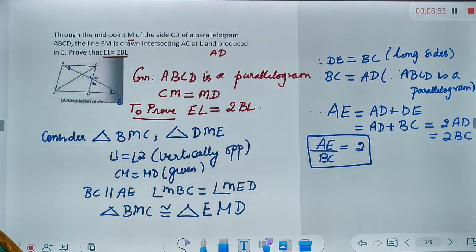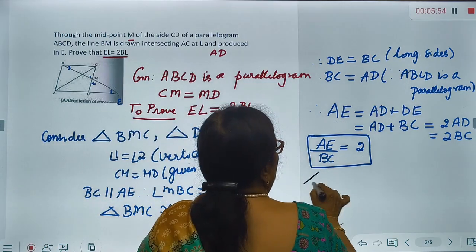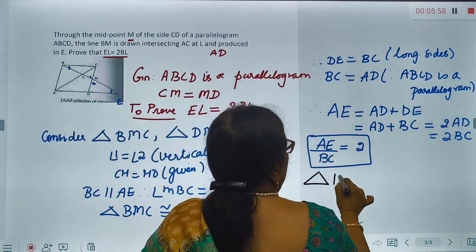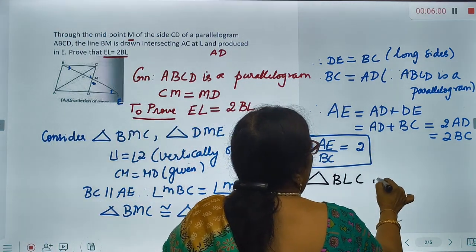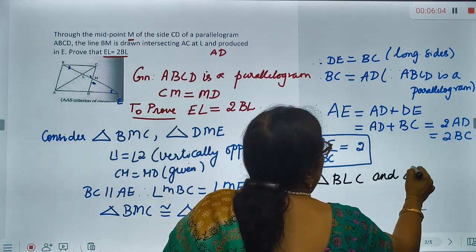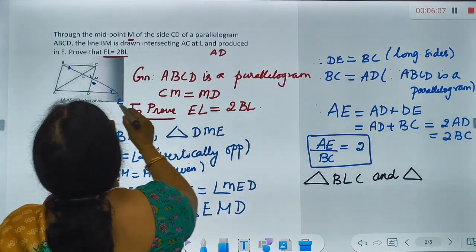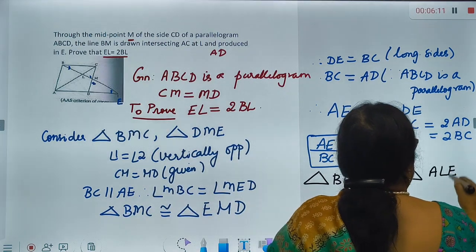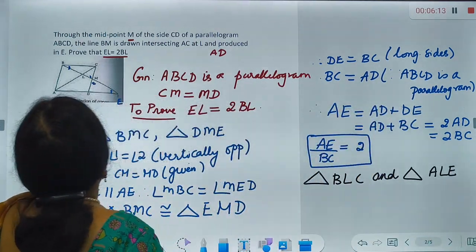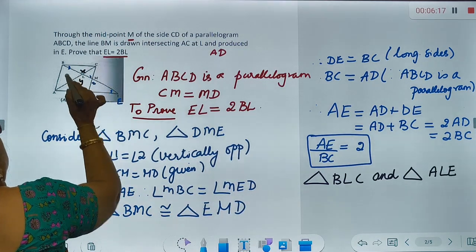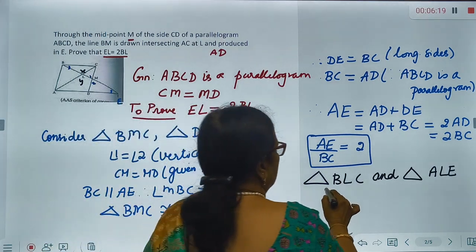Okay, now I am going to consider triangle BLC and triangle ALE. Now X is equal to Y because they are vertically opposite.